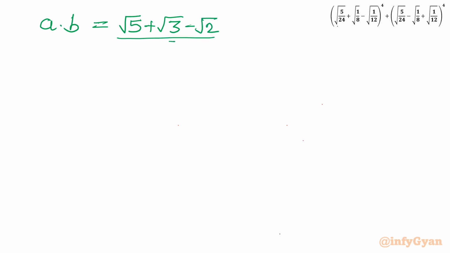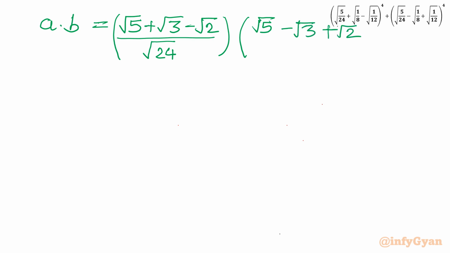Now I will calculate. Let me write here the A times B value. So A was square root 5 plus square root 3 minus square root 2 over square root 24. This was A. B was square root 5 minus square root 3 plus square root 2 divided by square root 24.